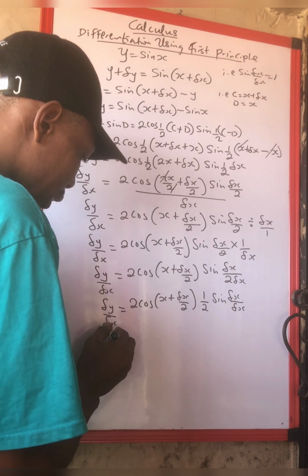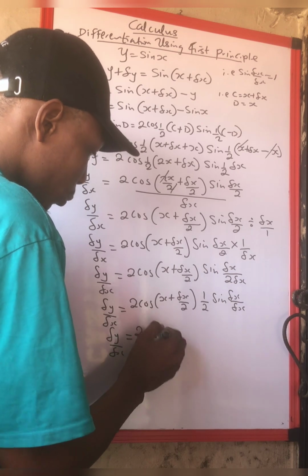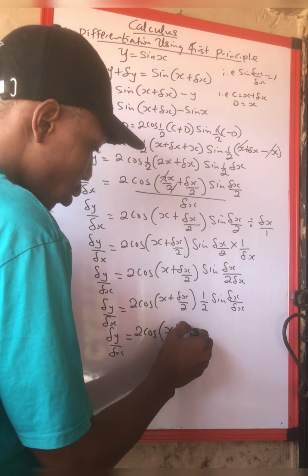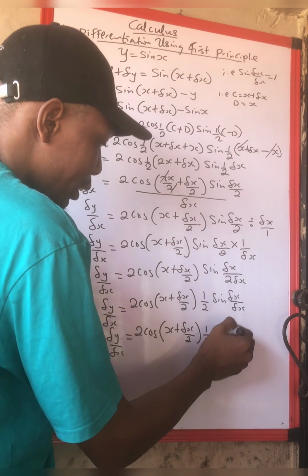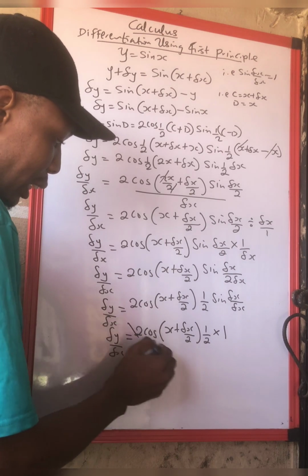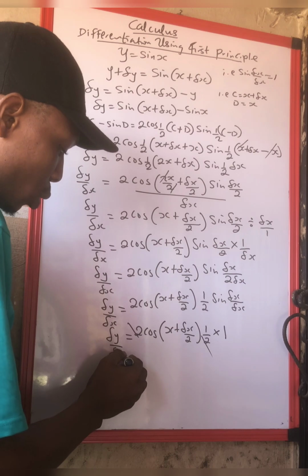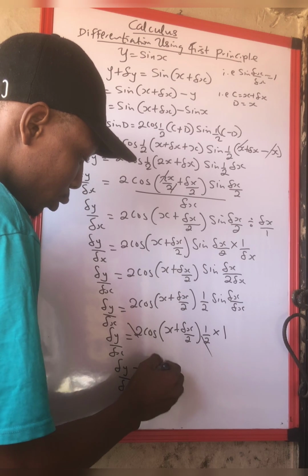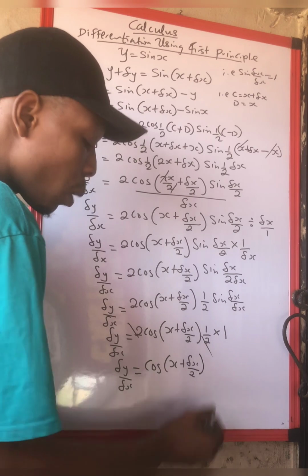So change in y over change in x equals 2 cos, then brackets, x plus change in x over 2, then half times 1. So this can cancel out this. 1 times 1 is 1, and we'll be left with change in y over change in x equals cos of x plus change in x over 2.